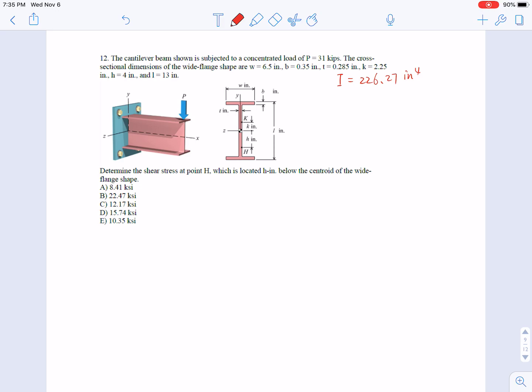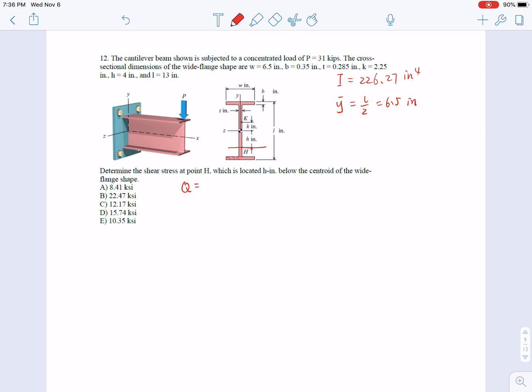Then you just need to determine the y bar by itself. This y bar, in this case, is just L over 2, that is 6.5 inch. Then the next step, we need to determine Q. Let me write it here. We're determining the shear stress at point H. So you cut it from here, and we got 2 sub-areas.